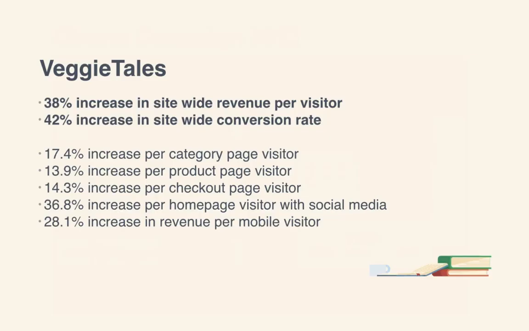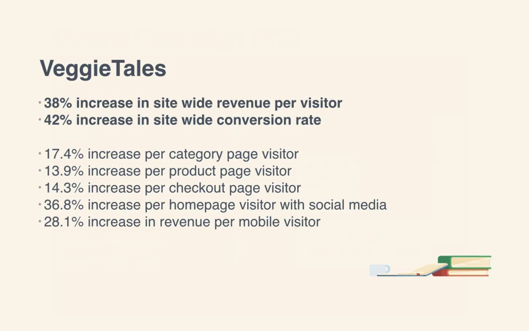Okay, so another example, just want to quickly cover this, a site called VeggieTales. It's a children's computer animated film site, a big e-commerce site selling products based on the series. They used a lot of A/B testing using Optimizely again, the platform we're going to cover later. There are some stats there, the kind of thing they've managed to do by testing and tweaking what they're showing visitors.